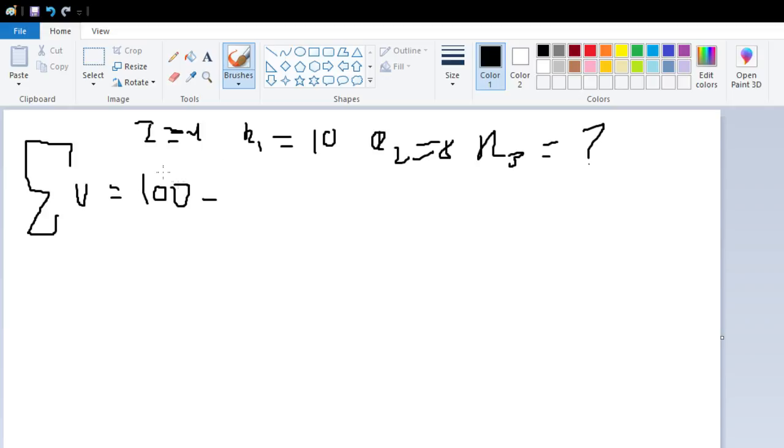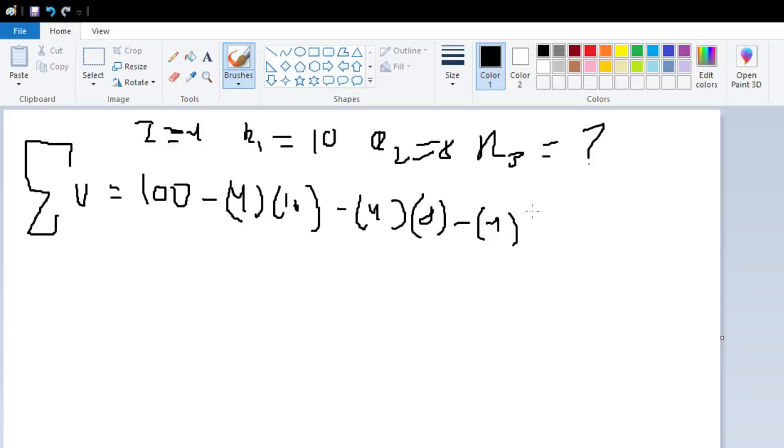So we're going to get 100 minus the current, 4 times 10, minus the current and R2, which is 8, minus the current and R3, is equal to 0.